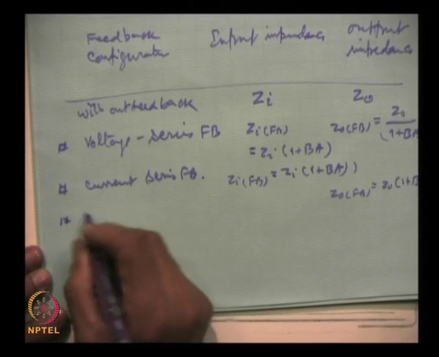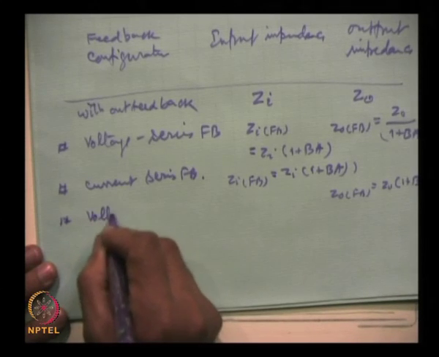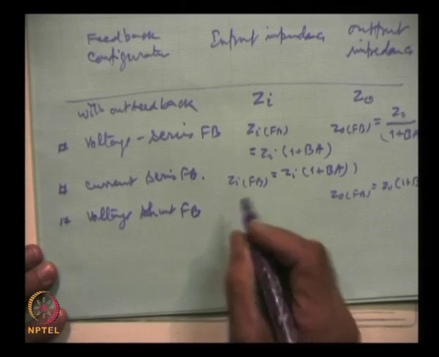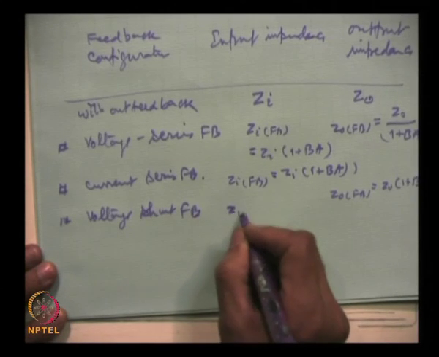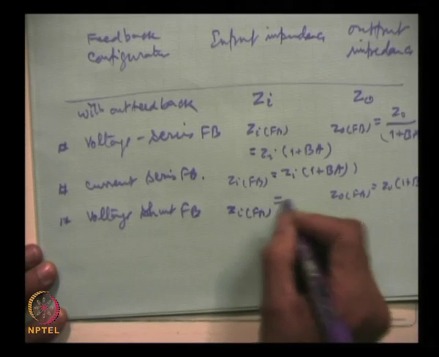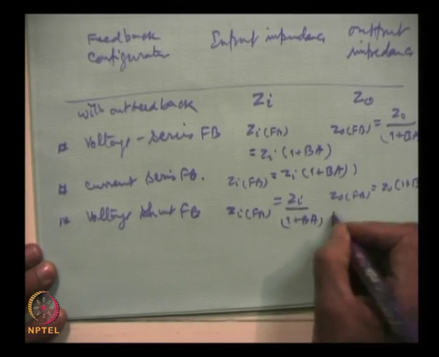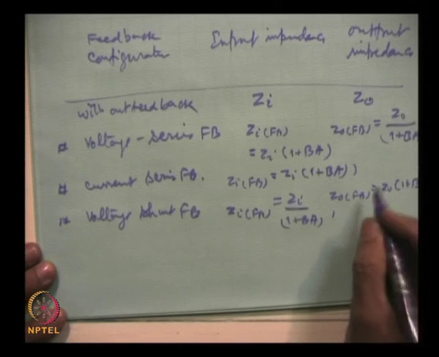For voltage shunt feedback, the input is reduced, Z I F B is Z I by 1 plus B A, and the output is also reduced.